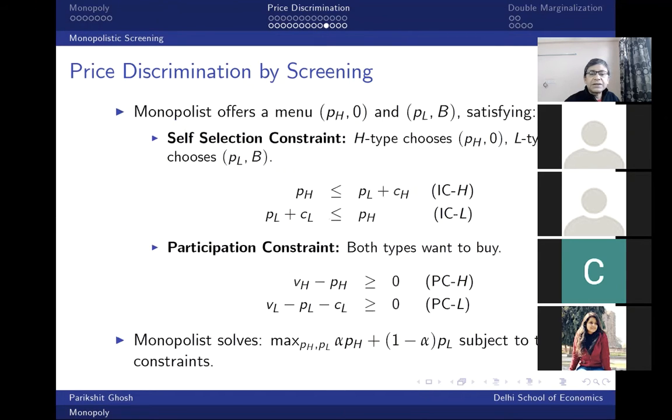And to see that, since this is binding, that means pH minus PL is equal to CH. Okay, but CH itself is bigger than CL, so then this other inequality immediately follows.